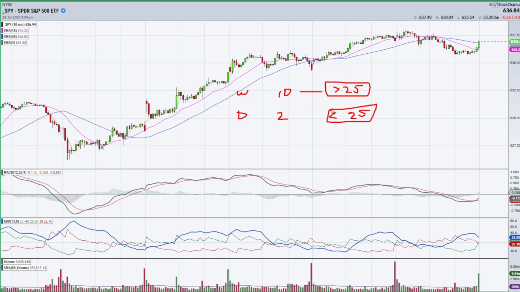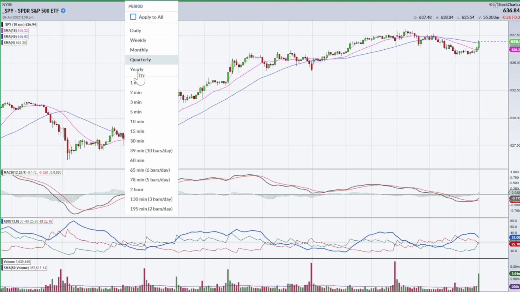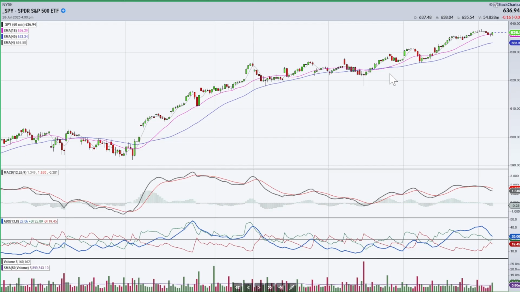So what is that doing? What that's doing is essentially looking at the higher time frame during this pause, this consolidation. If you notice, we had a lot of strength to the upside, and then we got into a low ADX condition here. But if we went to an hourly chart, we'll just take a quick look at the hourly.